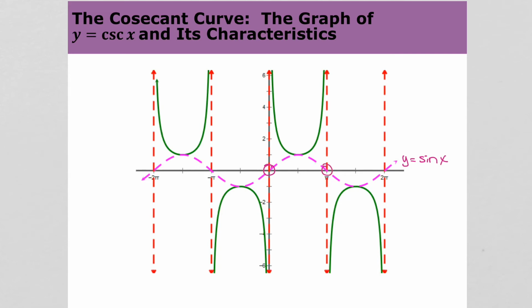Wherever it crosses the x-axis, here are your asymptotes. And then at the top and the bottom of the valleys, we flip and make a U. So this U becomes this U, and at the bottom, this U becomes this U, and so forth.